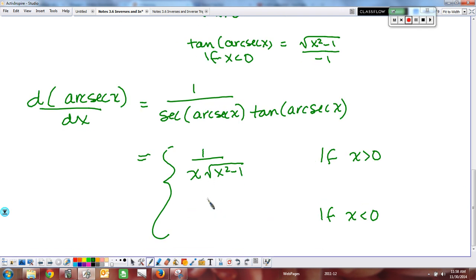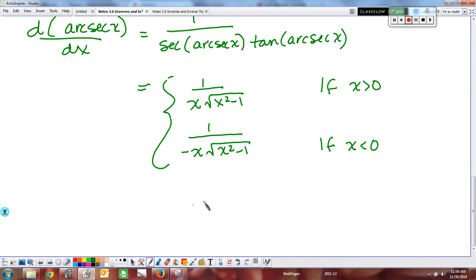All right, if we do the negative, the secant of the arc secant of x is x, but the tangent of the arc secant of x is negative, so it would be negative square root of x squared minus 1. And you're like, wow, this is really complicated. But then I realized that if x is positive, I have x here, and if x is negative, I have negative.